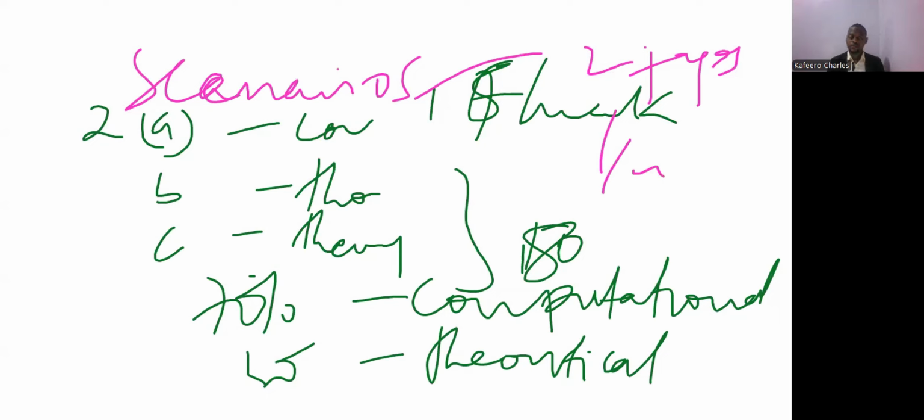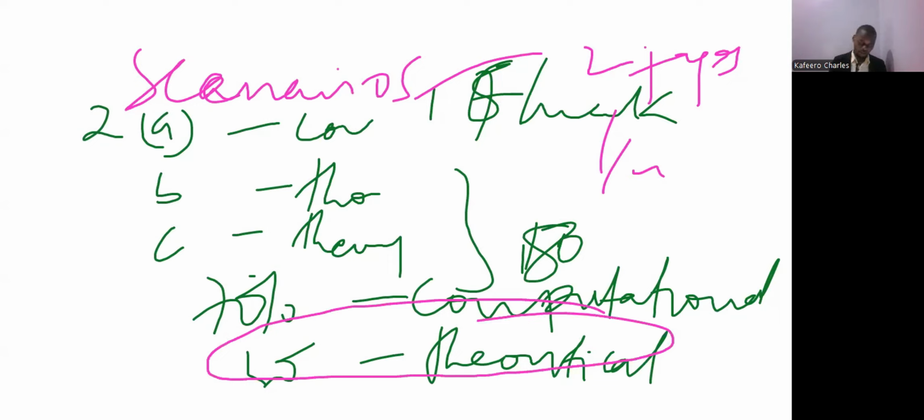And most of the times, the theoretical aspect within this question is going to be answered basing on the scenario or basing on the case they have highlighted. So it's not going to be 100% computational, because after making computations, you have to at least make some analysis.